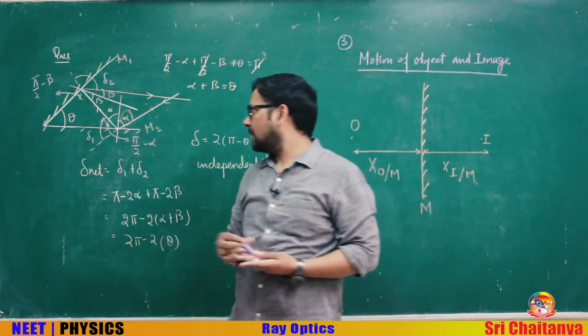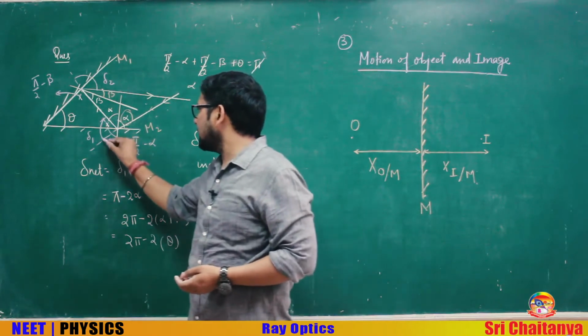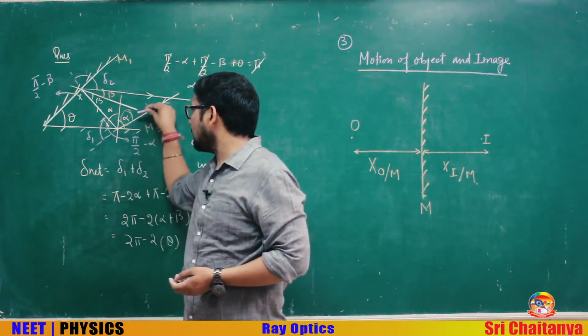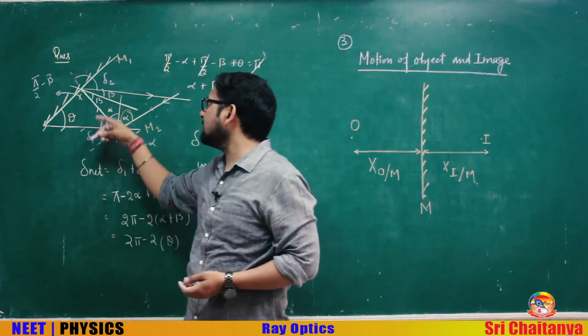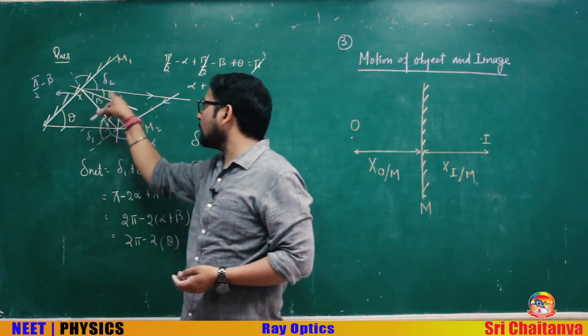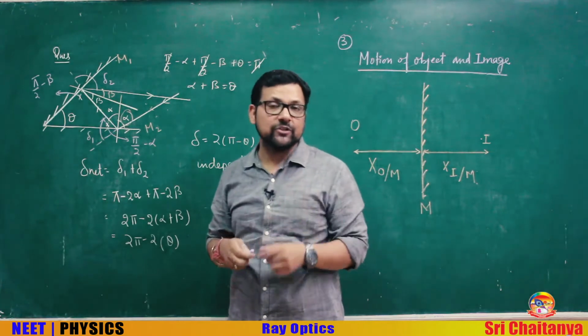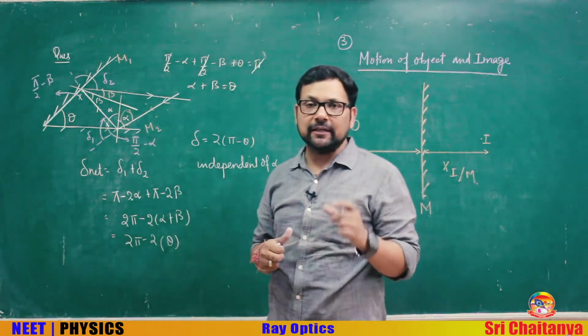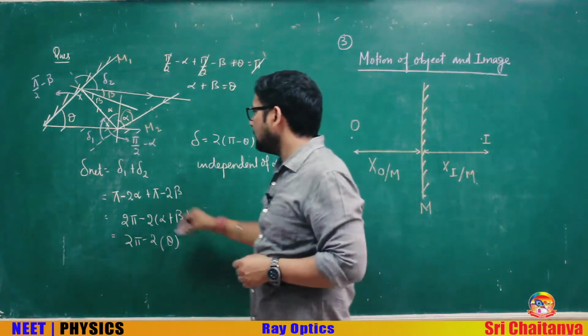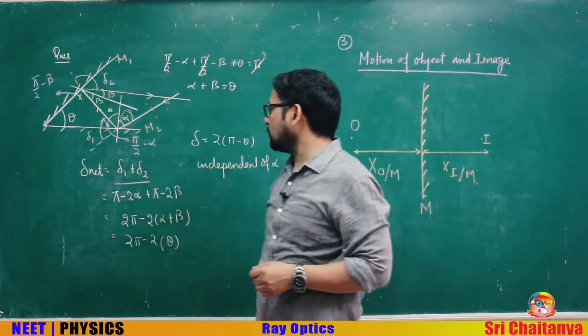Let's see. From here you can see the deviation is delta 1, light was going this way and it is turning like this, a clockwise deviation. Similarly here also a clockwise deviation. Since both the deviations were clockwise, we can write delta net is delta 1 plus delta 2.